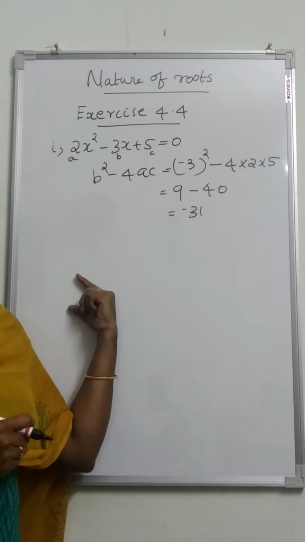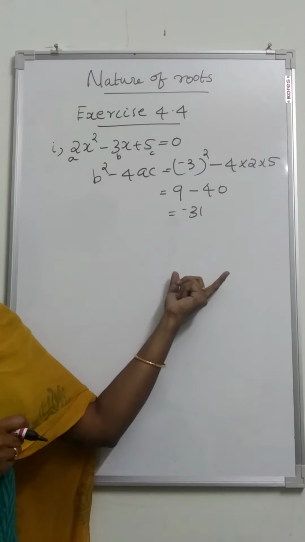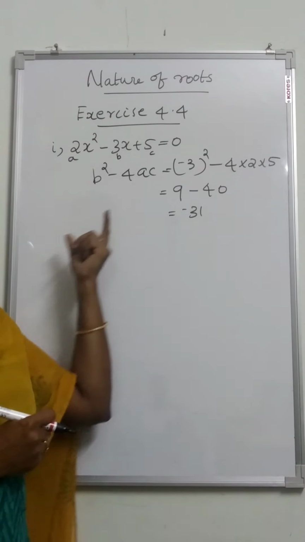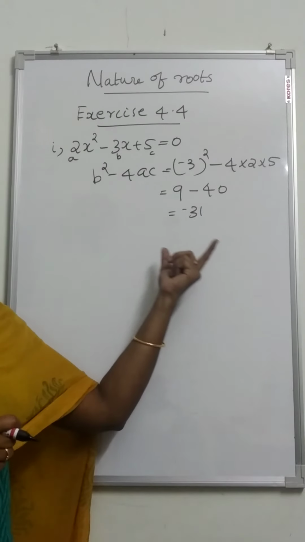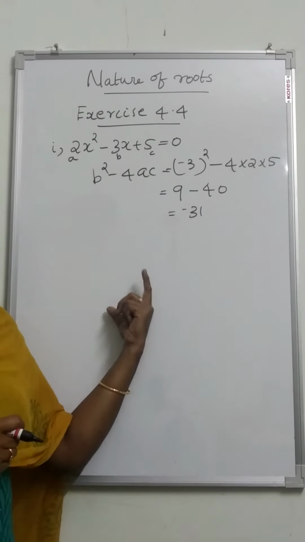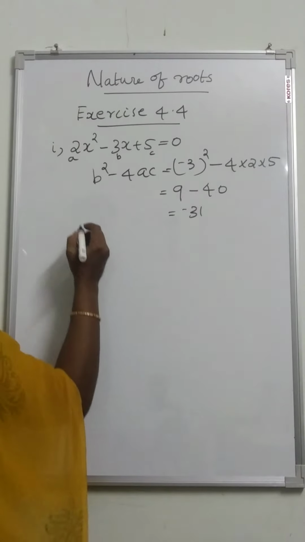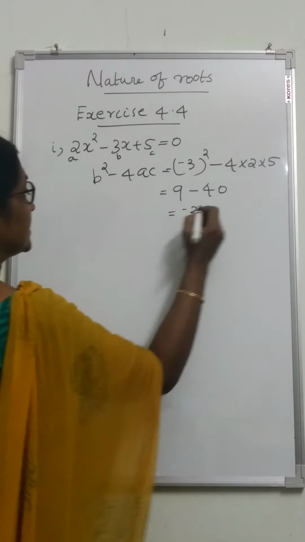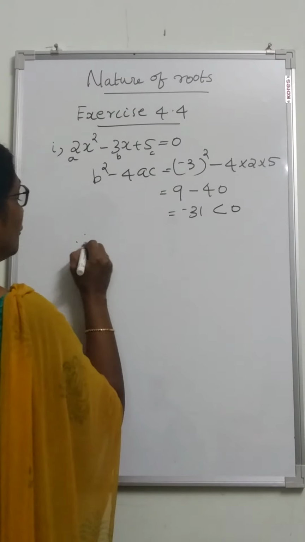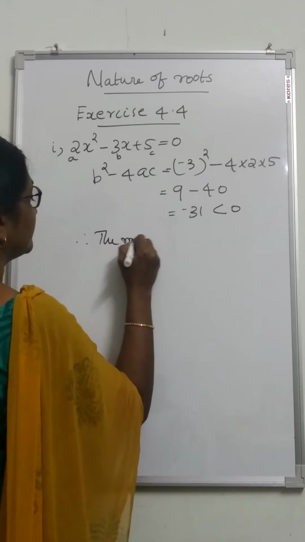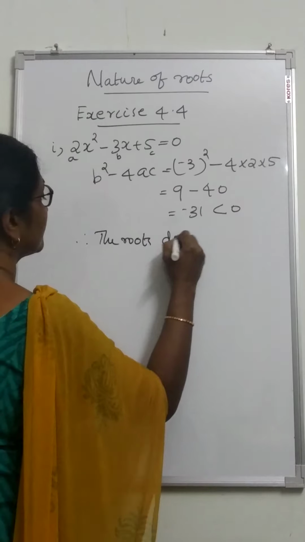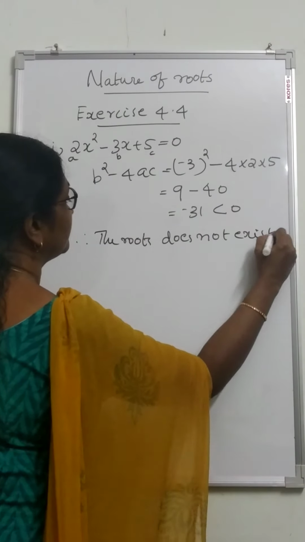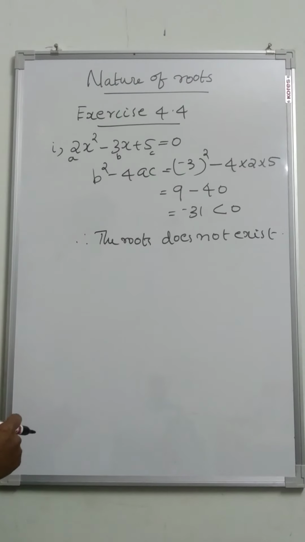If b square minus 4ac is less than 0, that is, minus 31 is less than 0, a negative number, the roots do not exist. Therefore, the roots do not exist. Clear?